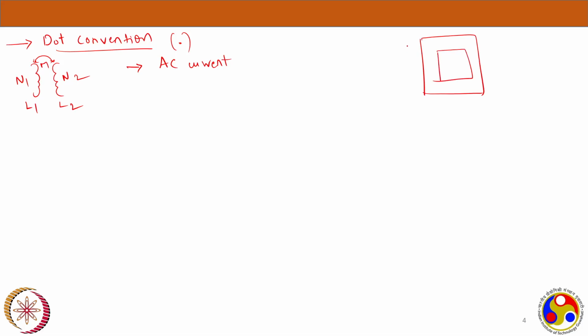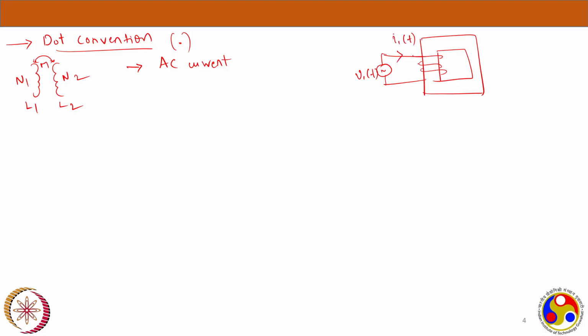This is the core of a transformer, and this is the primary winding through which I am giving the alternating voltage. Let's say this is V1 of t, and the current flowing in this winding is I1 of t.